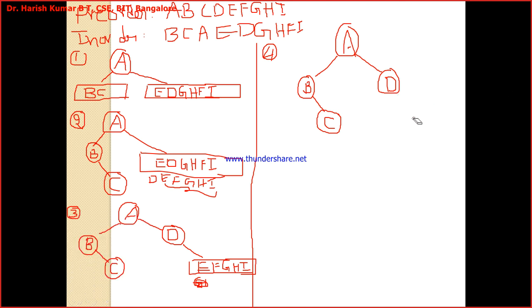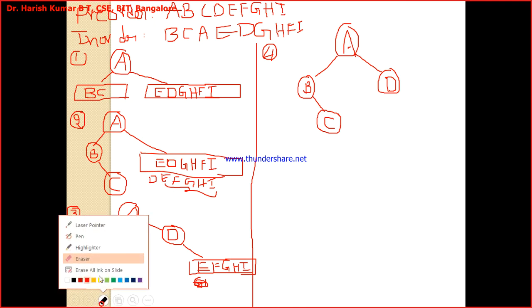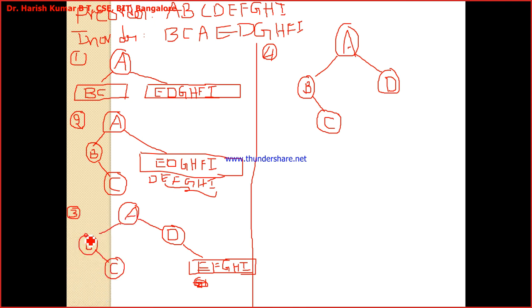So for D, E is the left child. B, A, C, they have already taken their position. Since E is towards the left side of D, it comes to the left side here.